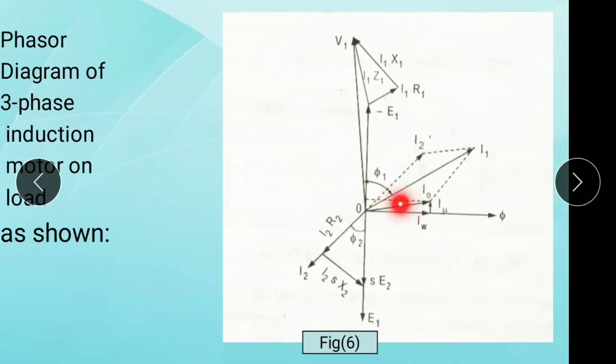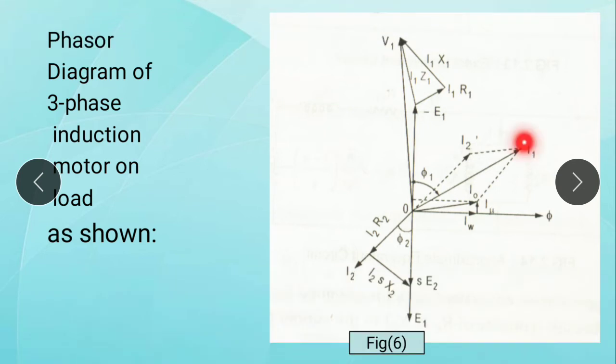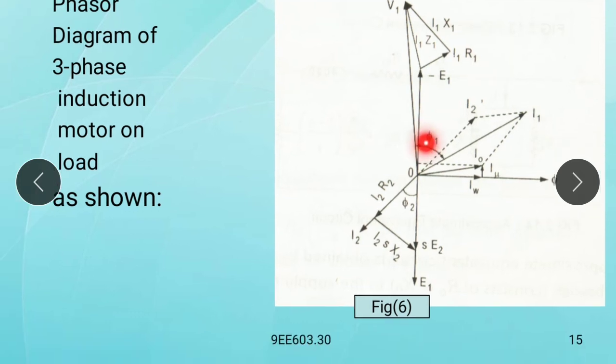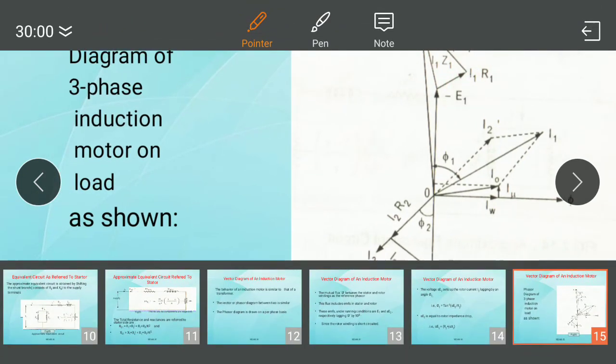I1 is the combination of I2 dash plus I naught. The phase angle between V1 and I1 is phi 1. So V1 is equal to minus E1 plus I1 R1 plus j I1 X1. This gives the resultant V1.